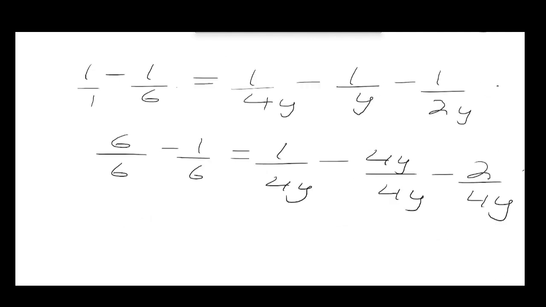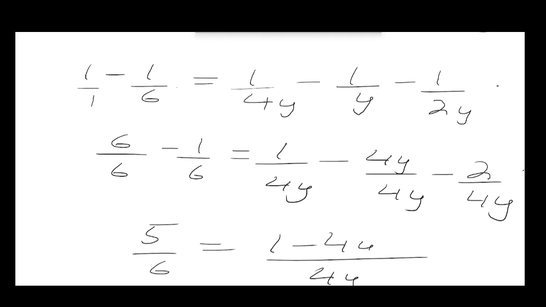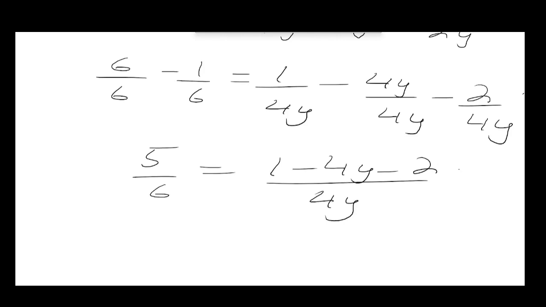Okay, now here we will have 6 minus 1, that is 5 over 6. It is equal to, so the denominator 4y will just come one time, 1 minus 4y minus 2. So 1 minus 2 is minus 1.